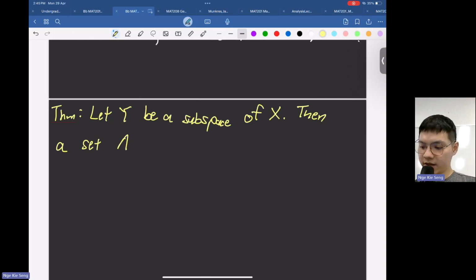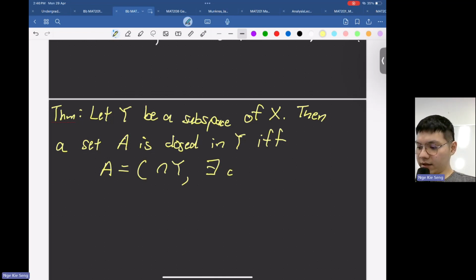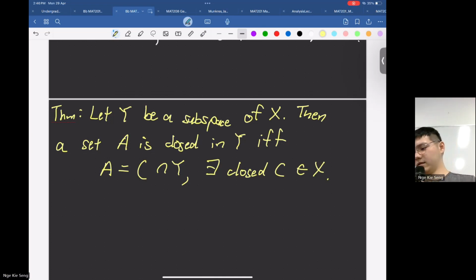a set A is closed in Y if and only if A equals C intersect Y, where C is closed in X. Is this similar to what we have for open sets?